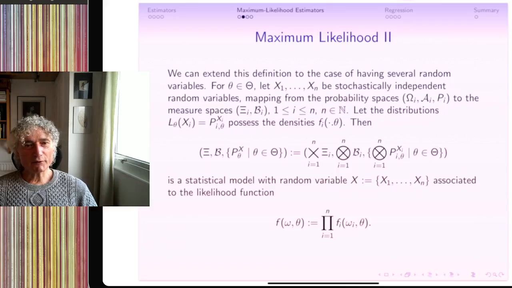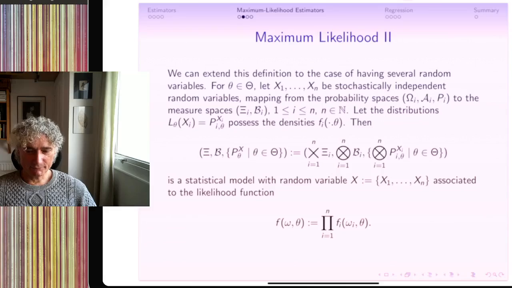Now I want to show you that, of course, this definition can be extended to several random variables. This is necessary in many situations where we have to combine observations from, for example, different experiments.